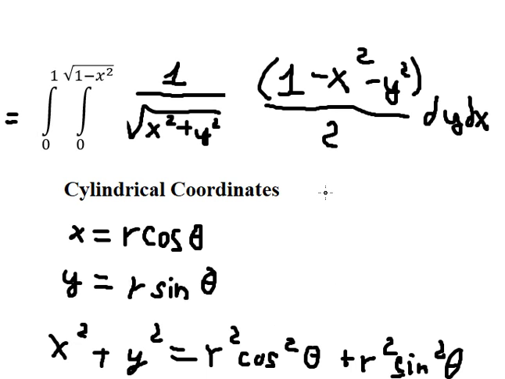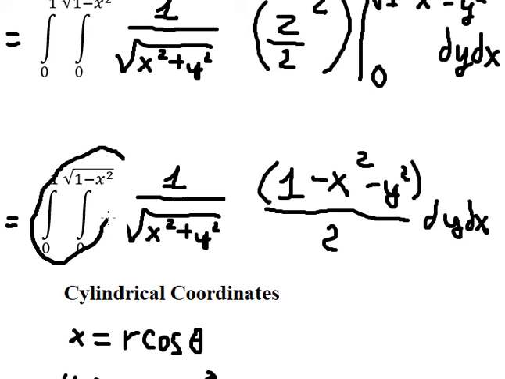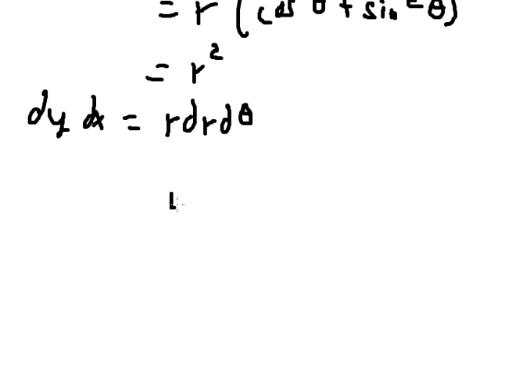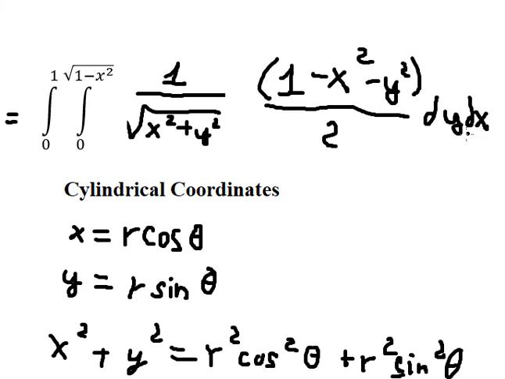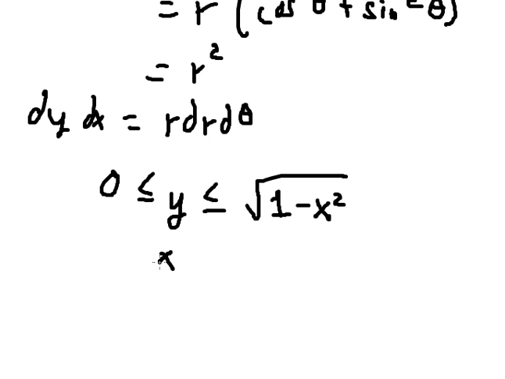Now we go to the bounds in here. So we have dy. So about y is greater than or equal to number 0 and smaller than or equal to the square root of 1 minus x squared. About dx, so x is greater than or equal to number 0 and smaller than or equal to number 1.